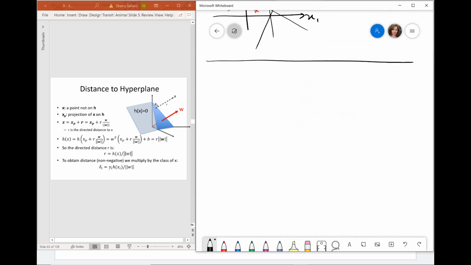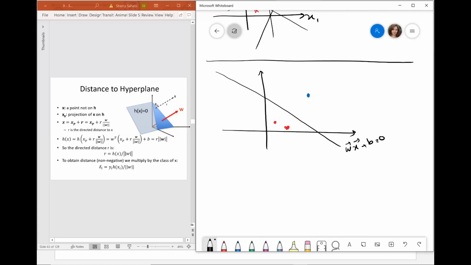To find the maximum margin, we need to find how we can calculate the margin itself, right? So I have two data points here and one data point there, and I have this line, wx plus b equal to 0, that is separating these two classes.